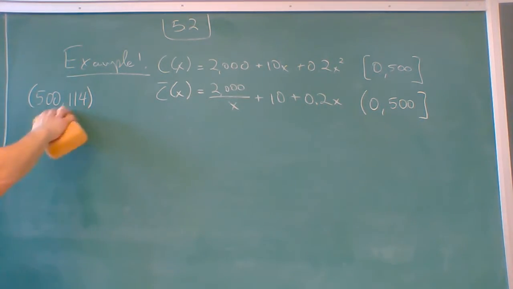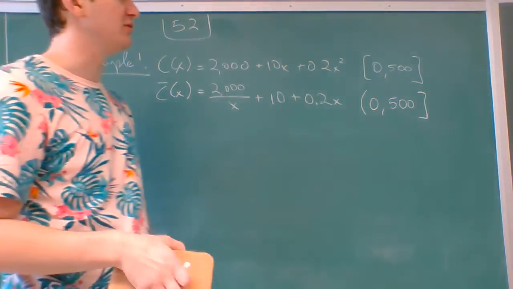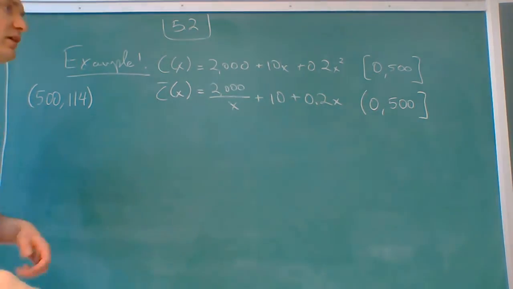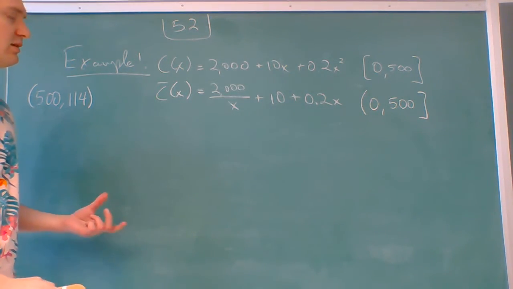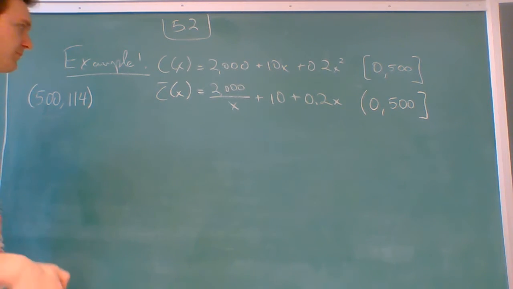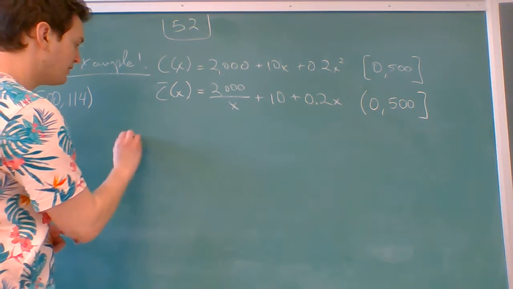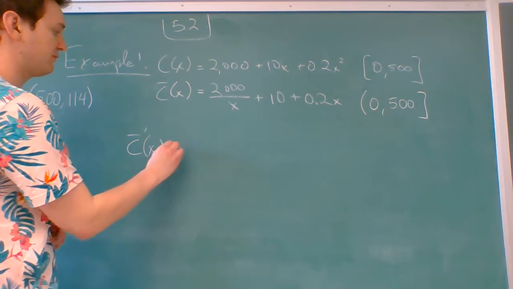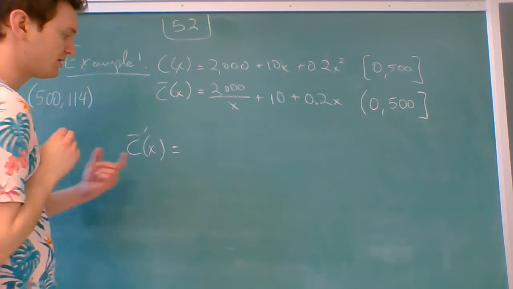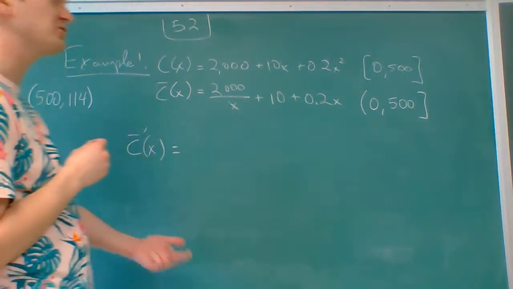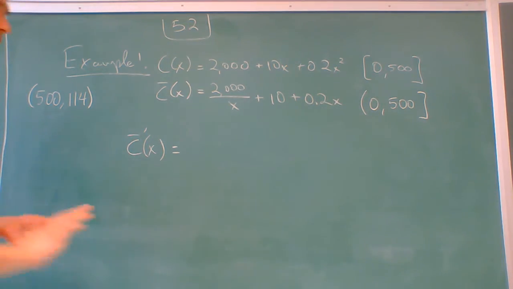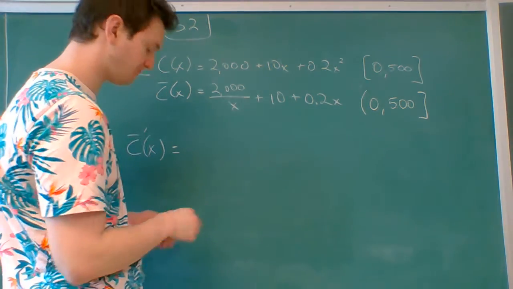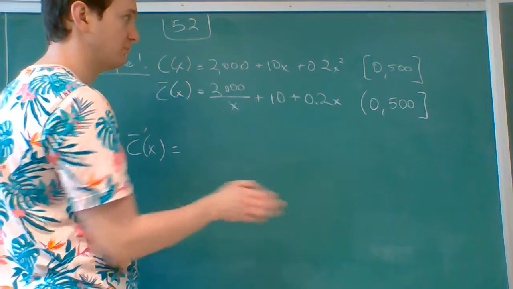I'm going to have to keep erasing just because of limited space, so feel free to pause and write down anything you need to. Okay. Next, let's take the derivative of this average cost function and set it equal to 0 and solve and find any place where our cost levels out as a minimum.